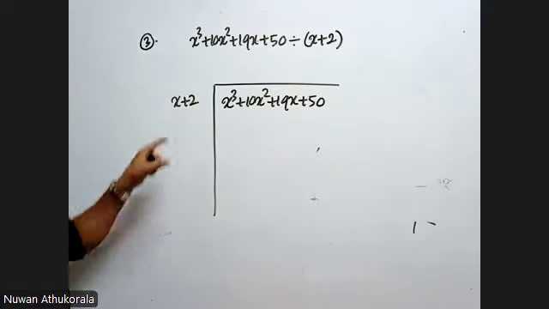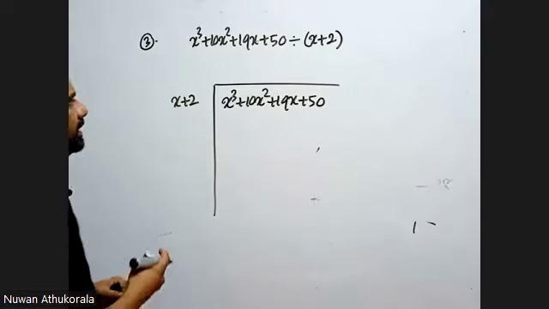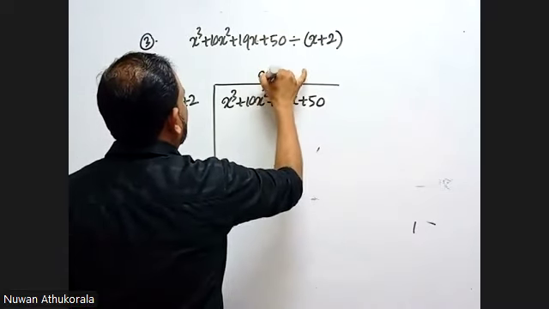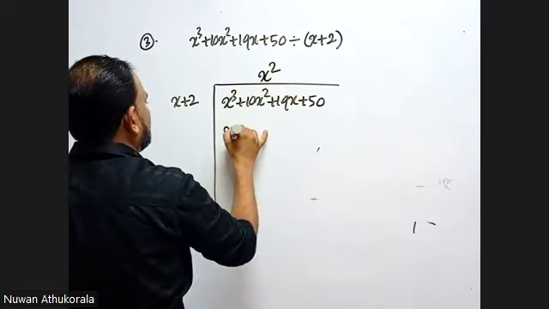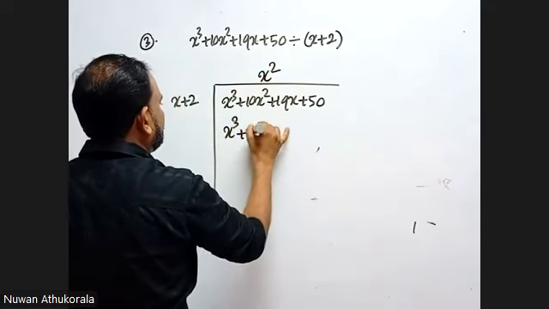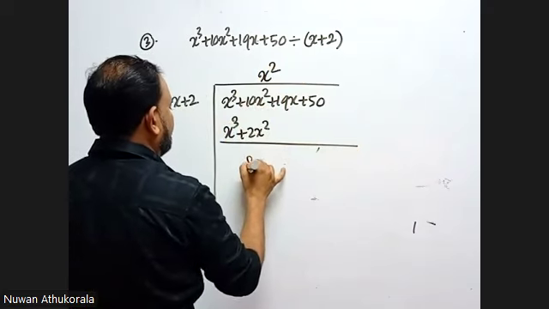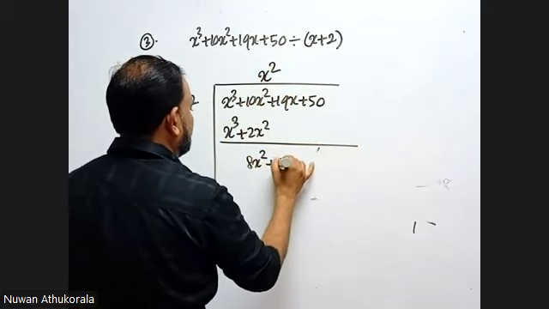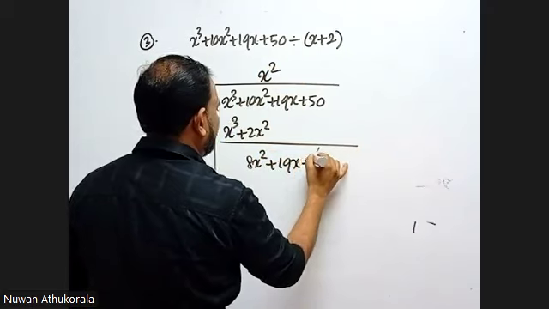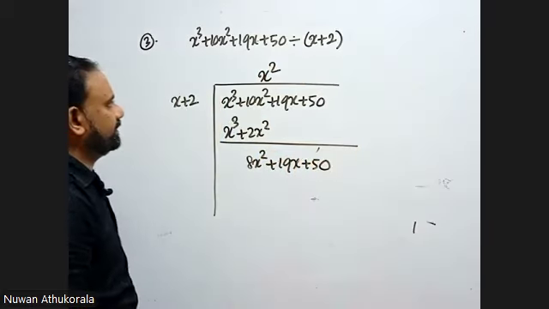We have to convert x into x cube, then x multiplied by x squared. x cube plus 2x squared. 8x squared plus 19x plus 50, right?